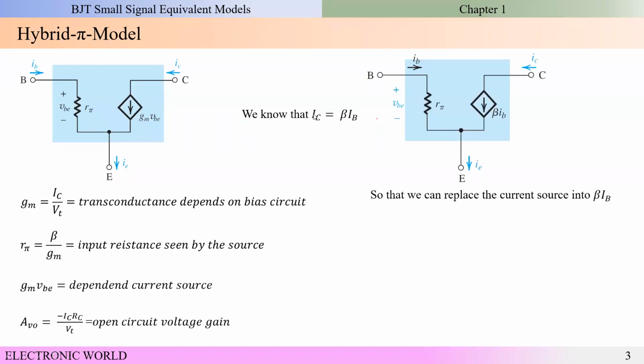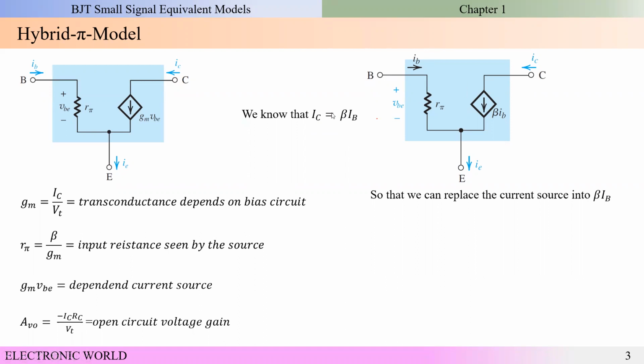We know the collector current IC. The bias collector current is equal to beta times IB, where beta means the common emitter current gain.